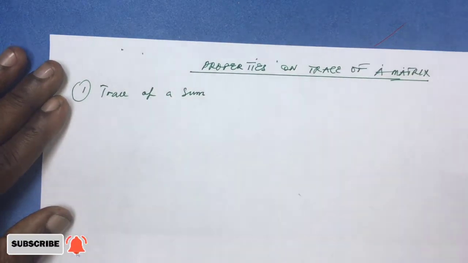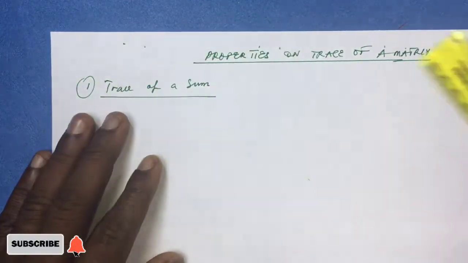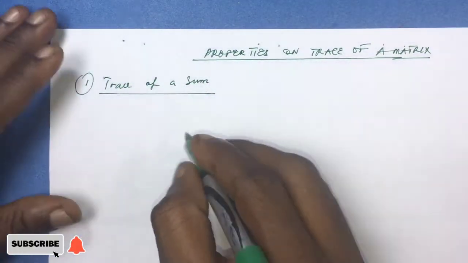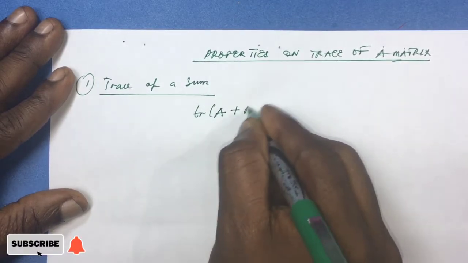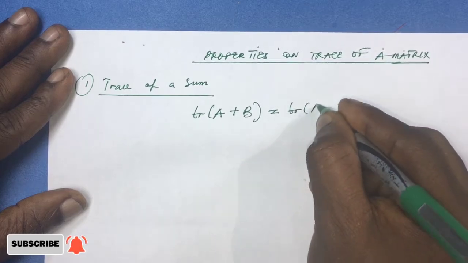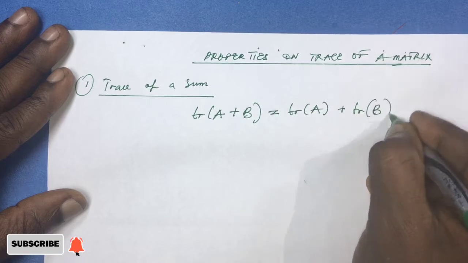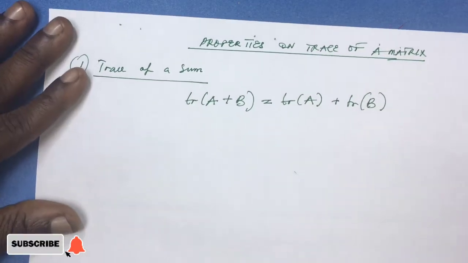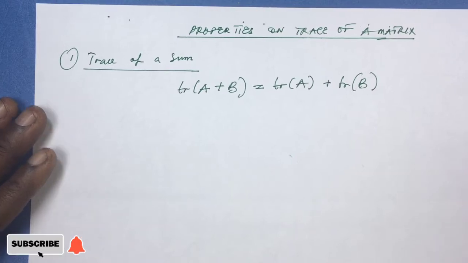The trace of a sum. So, what do we mean by the trace of a sum? Okay, now what this property says is that if you are given the trace of the sum of two matrices, then the result will be the same as the trace of A, the first matrix, plus the trace of the second matrix. Now, I'm going to prove this using algebraic elements.